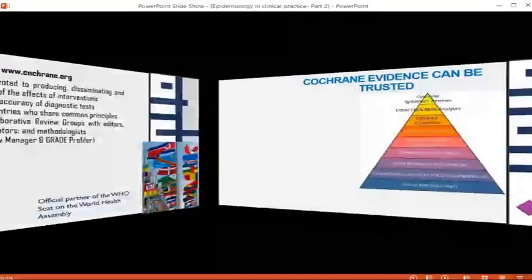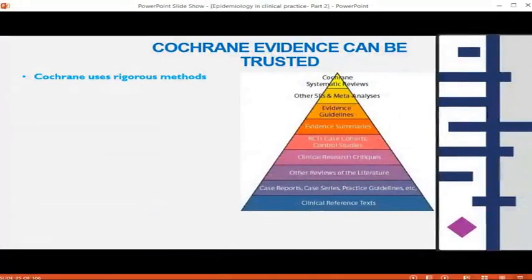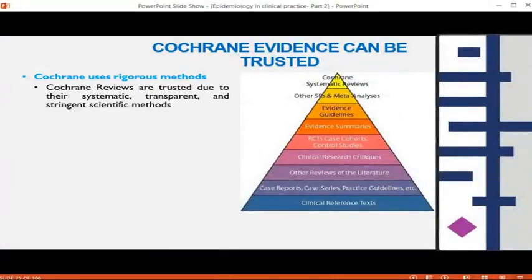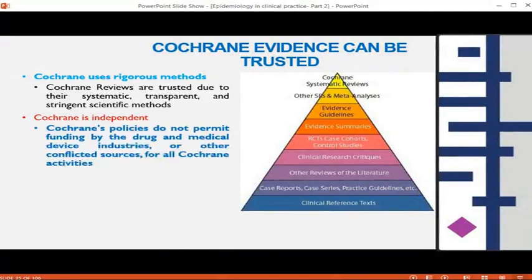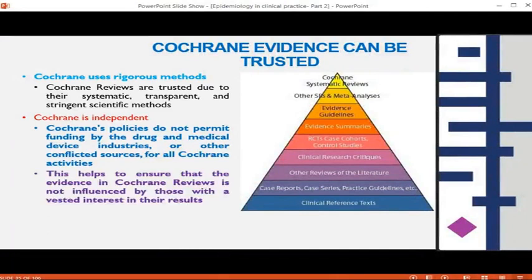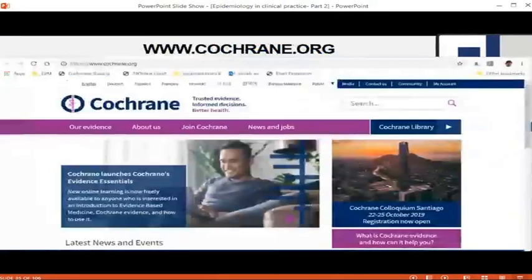The Cochrane Library has evidence which is considered to be trusted because of the methods used by Cochrane and because there is no industry funding. We don't allow other influences to influence our results. So people consider Cochrane to give you reliable evidence.